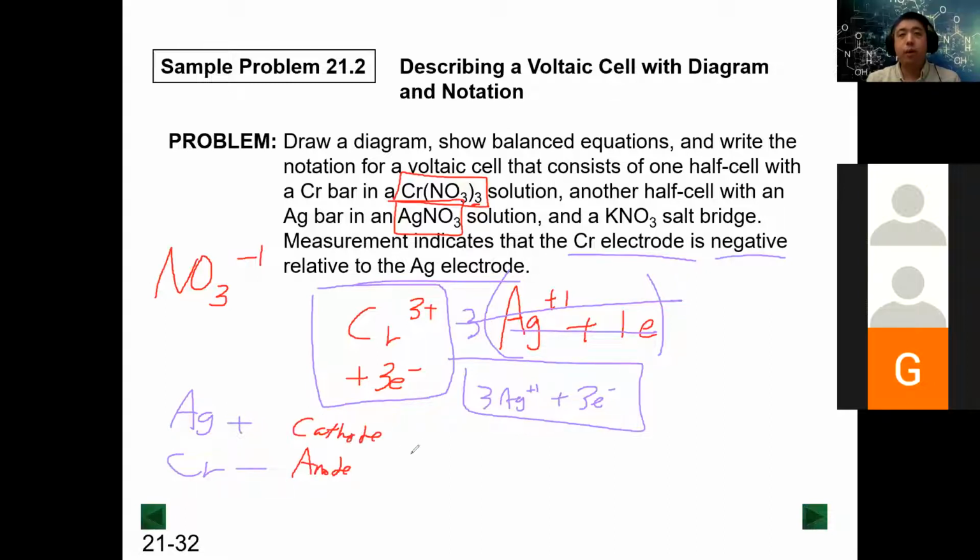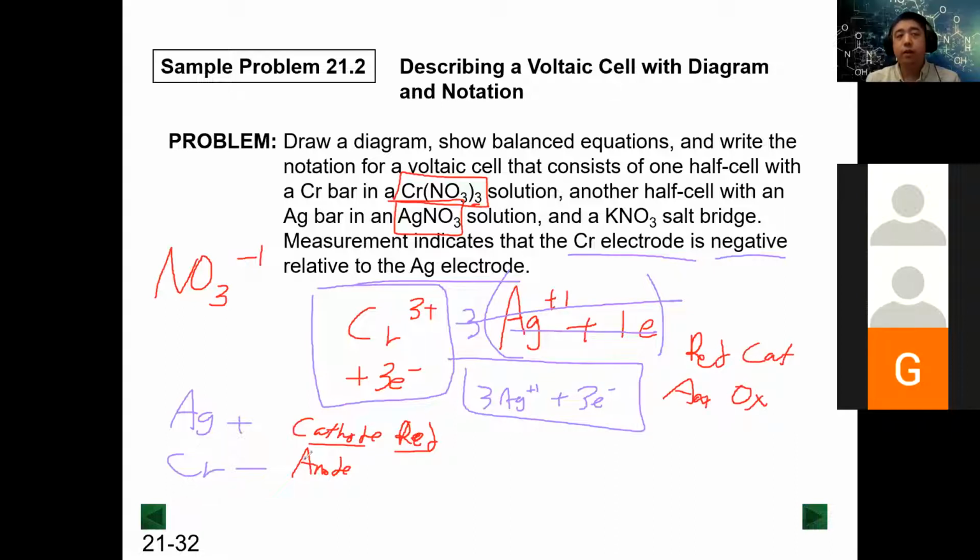Okay. And with that said, what is silver undergoing? Reduction or oxidation? Is it undergoing oxidation? It's actually undergoing reduction. When you see cathode, you can think of red, reduction. So you can remember this as, if you wanted to, red cat, and then an ox.